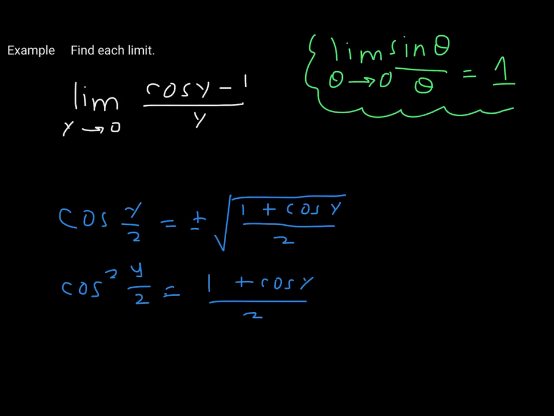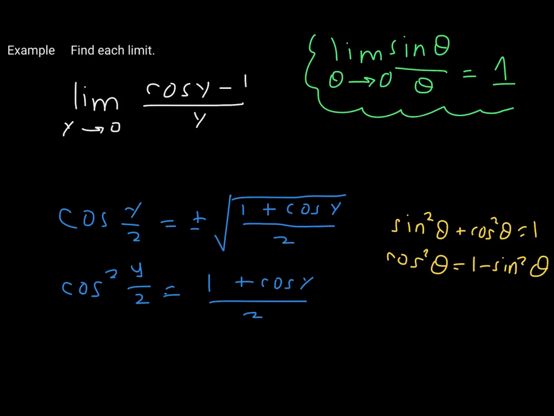The Pythagorean identity says sine squared of theta plus cosine squared of theta is equal to 1, right? That means that cosine squared of theta is equal to 1 minus sine squared of theta.